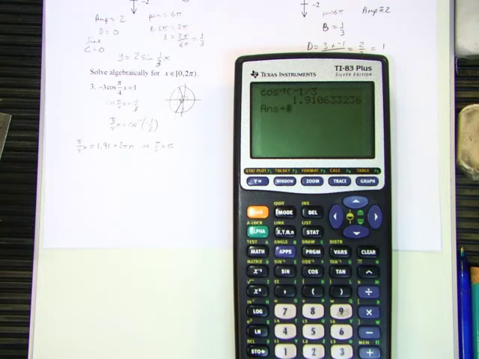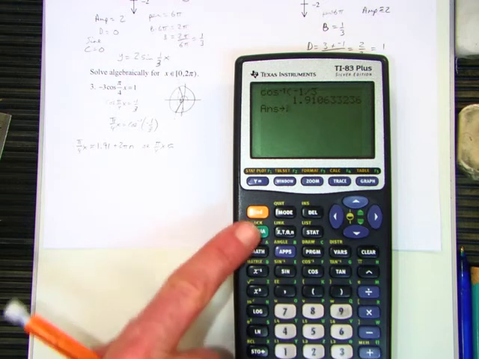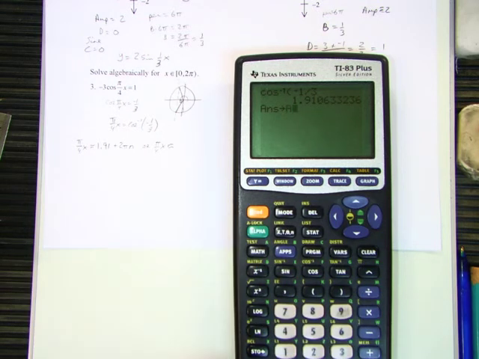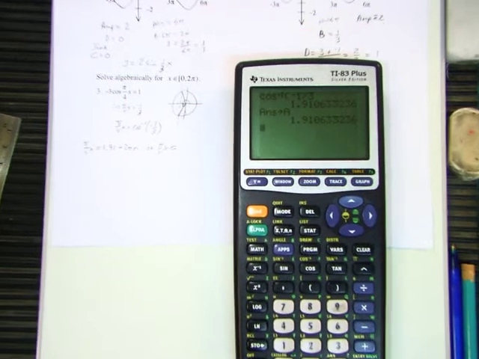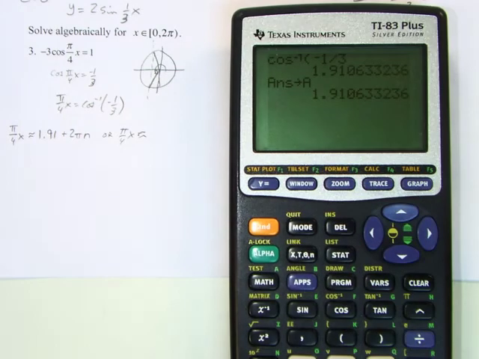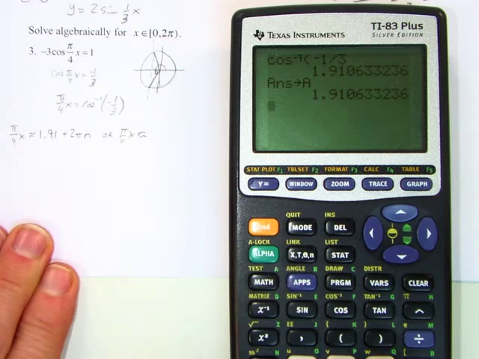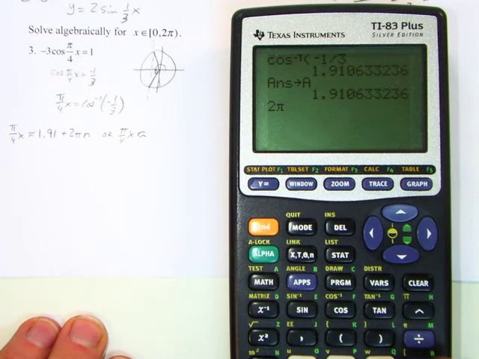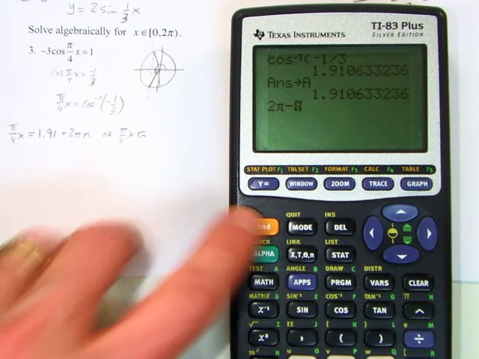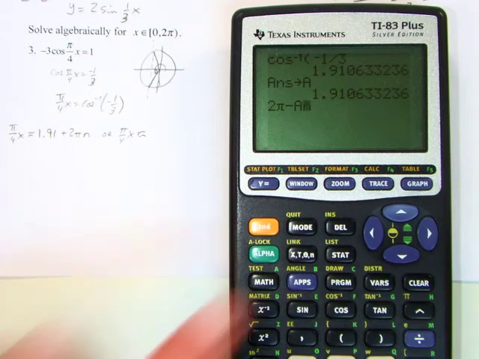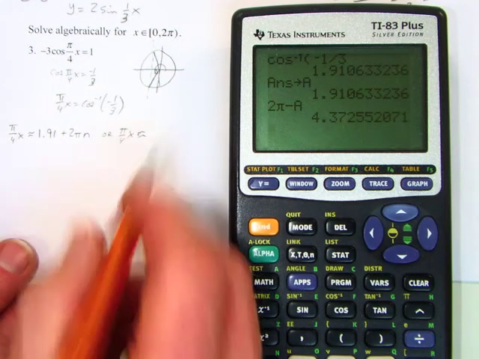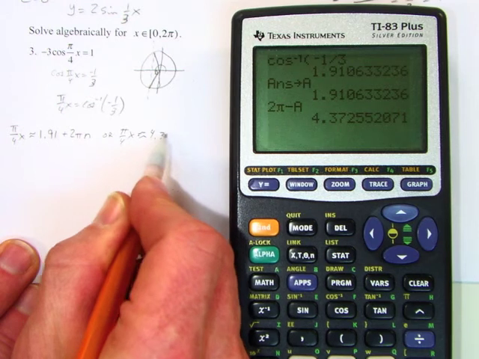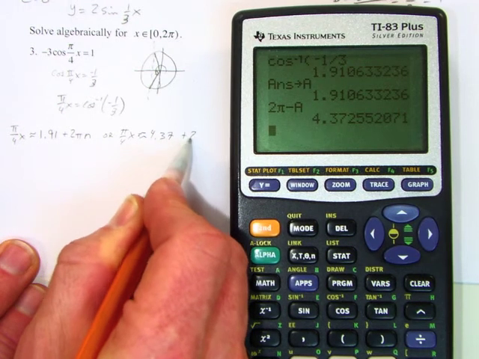Press it, and it shows answer, arrow, and then type in alpha A. So we're going to place this into the spot A. Now I'm going to figure out what this other angle is, which is 2 pi minus, and I can just say second answer, or I can say alpha A, and I get 4.37 plus 2 pi n.